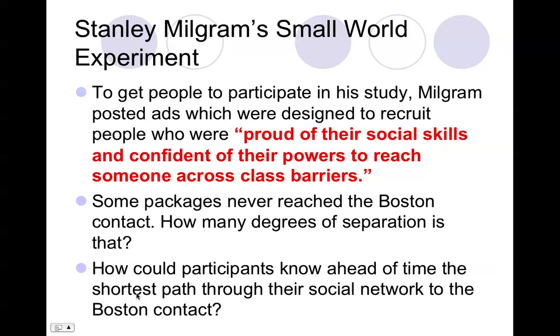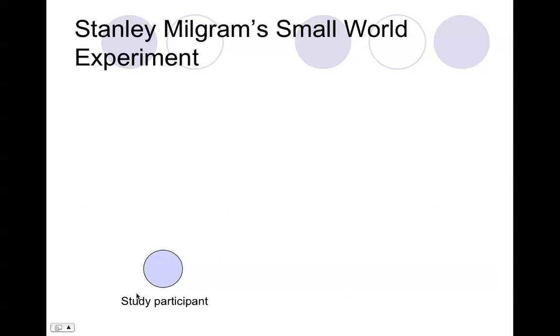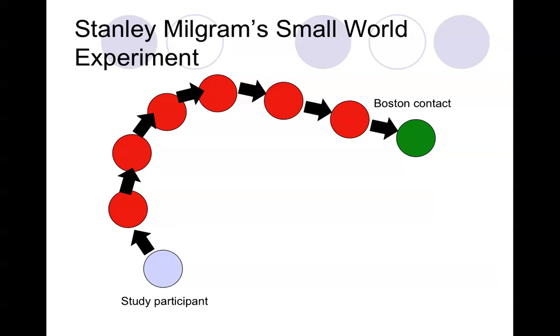Here's an example of what I'm talking about. Let's suppose some study participant in Kansas needs to get to the Boston contact. The participant makes their best guess and chooses a path that goes through 1, 2, 3, 4, 5, 6, 7 degrees of separation.